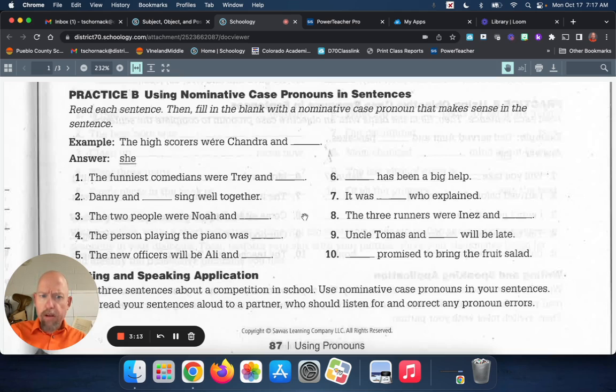You could say the funniest comedians were Trey and, what do we say? Trey and I, Trey and me, Trey and he, Trey and she. There's a lot of different pronouns we can use. So when my 8th graders do that, I will give them different ones they can use. So just do 1 through 5 on this one.